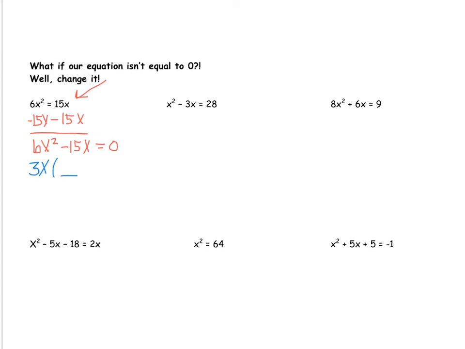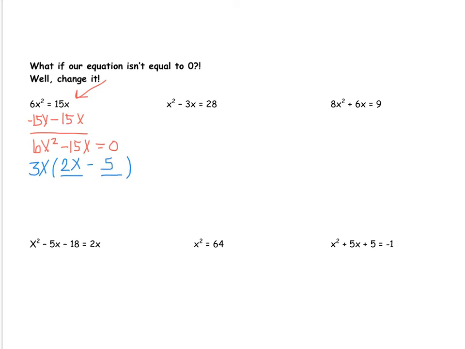Now I have 2 spaces to fill. Remember, factoring is just like dividing. 6 divided by 3 is 2. I took one of the x's away. I still have another left. Negative 15 divided by 3 is negative 5.